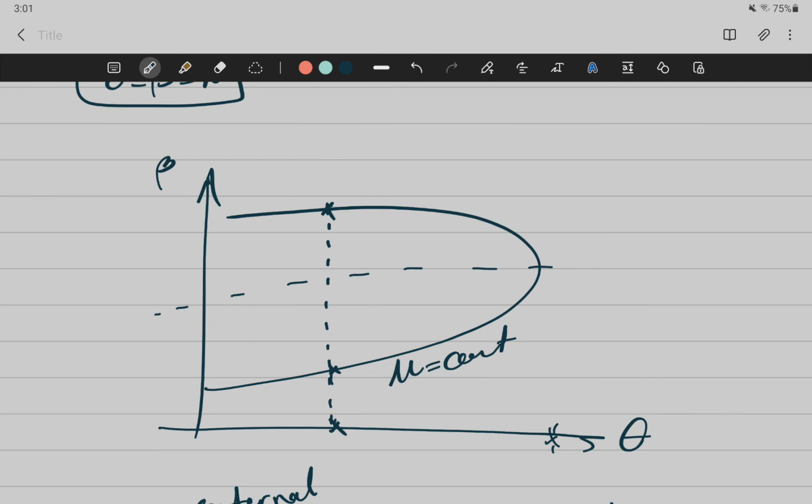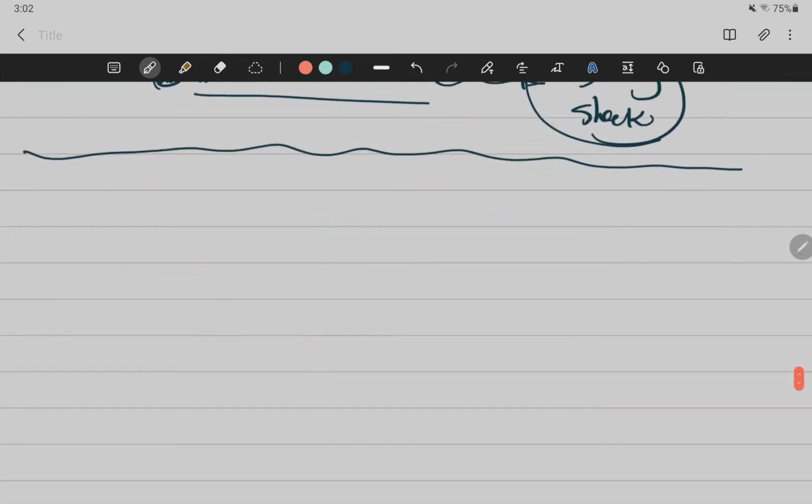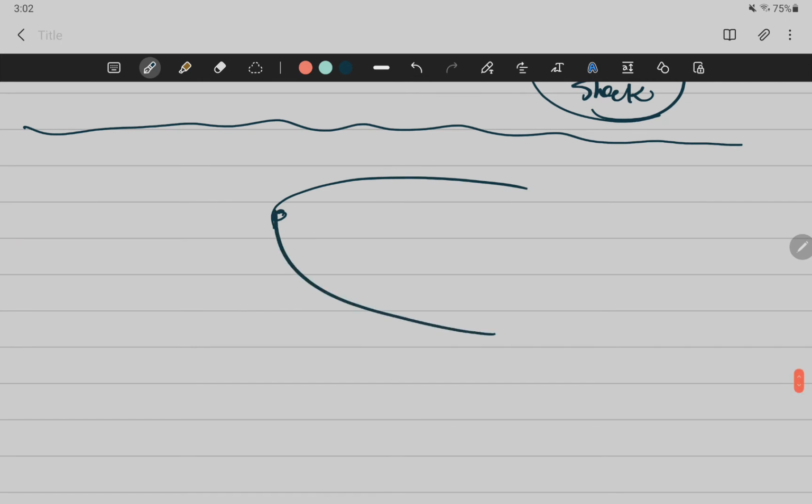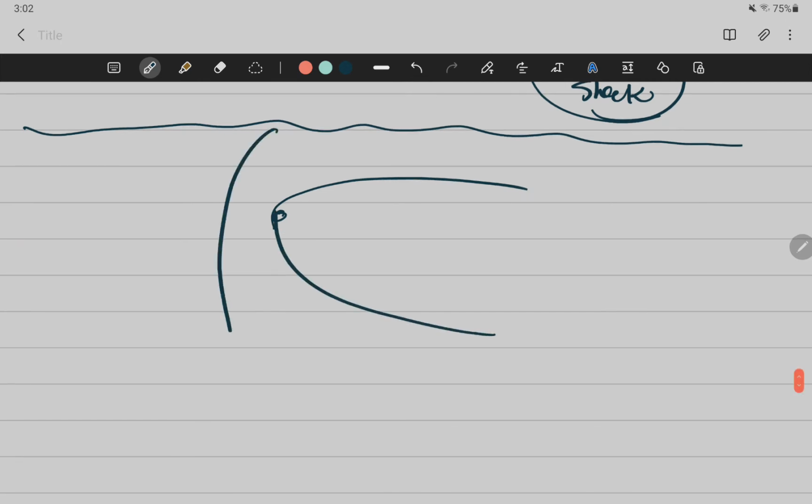Exactly. So a shock wave with that theta and that Mach number cannot exist. But we need to have the adjustment. That is when you are going to have a detached shock wave. So the bow shock you mentioned, as usually when we have this blunt object, this bow shock here is a detached shock.